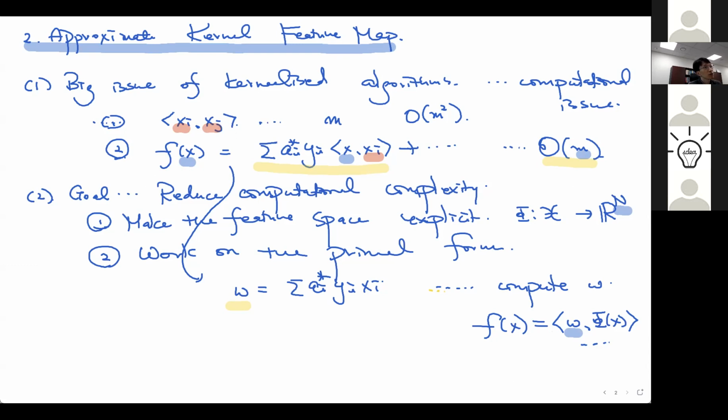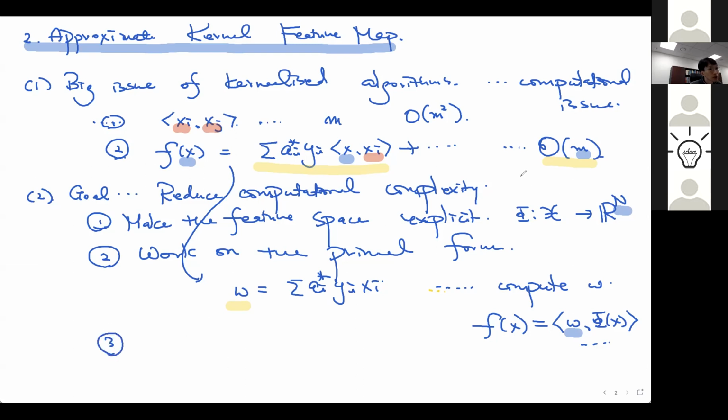So when you have kernels, we want to, in a sense, represent the feature space of the kernels directly, and make sure that the feature space is small and we have an encoding, and then we directly work on the primal form. Okay, so that's the idea. But the problem is if you want to do so, we need to approximate.